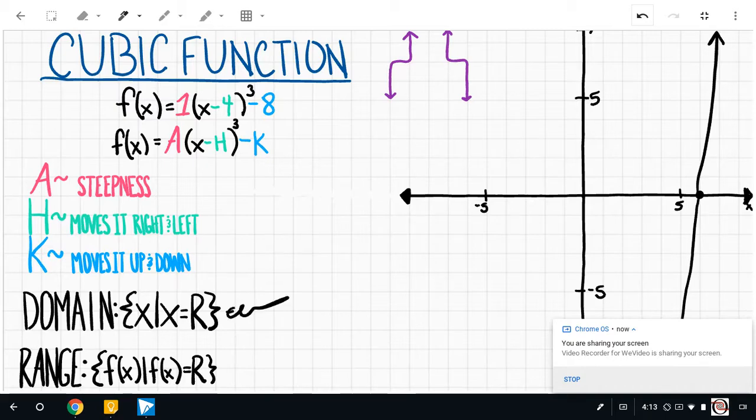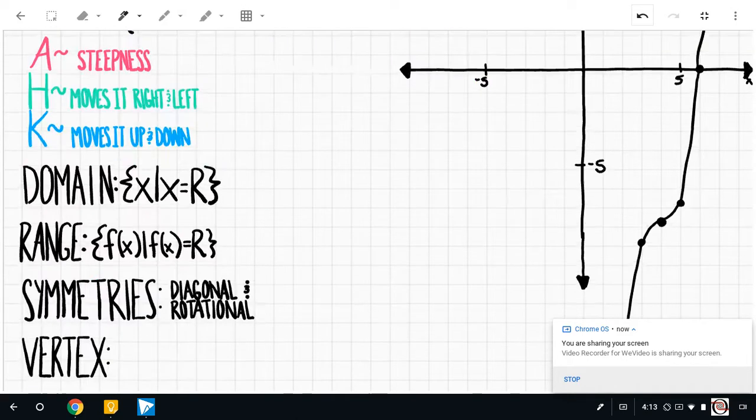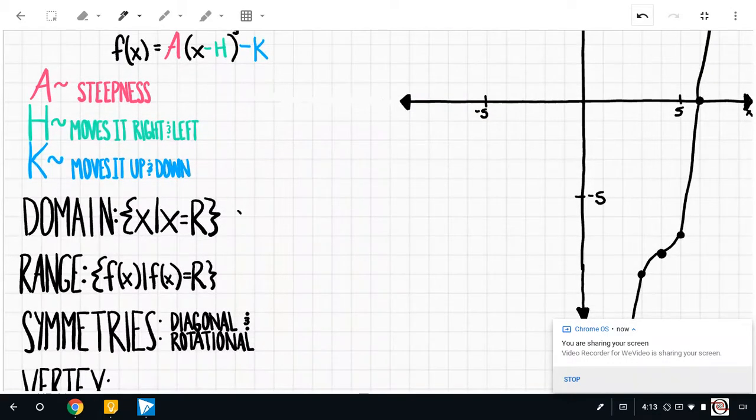This is function notation, and this is how you have to write it: curly brackets, x, then a vertical bar, and you write all real numbers with a capital R.